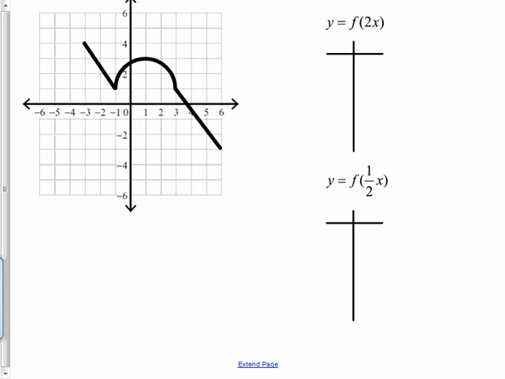So I want you to skip to this one with me next. Skip down a couple slides. And what are the key points on this guy? Well, let's make an XY chart. X, Y. And then let's put in some numbers like -3, 4. Make a list of all the important points. -1, 1.